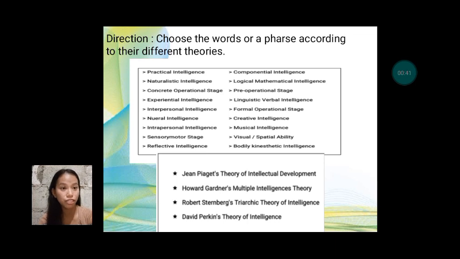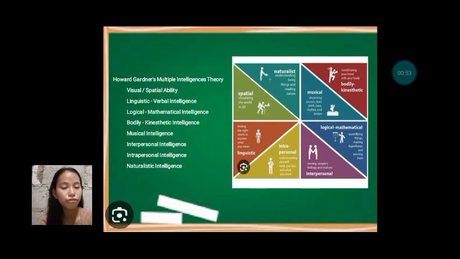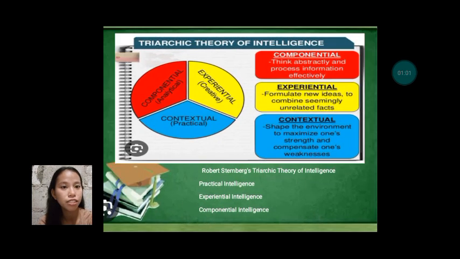Okay, done answering. Let's check your own paper if you do understand their different theories. First is Howard Gardner's multiple intelligences theory. Second, the triarchic theory of intelligence, proposed by Robert Sternberg.